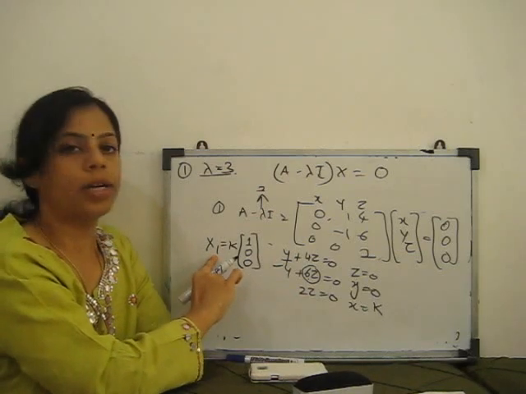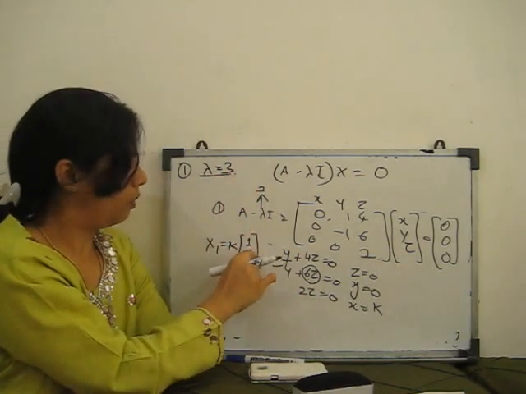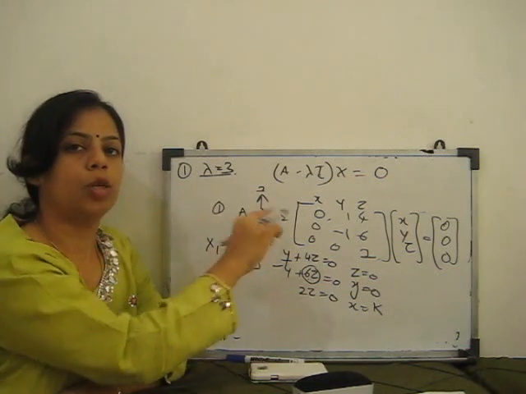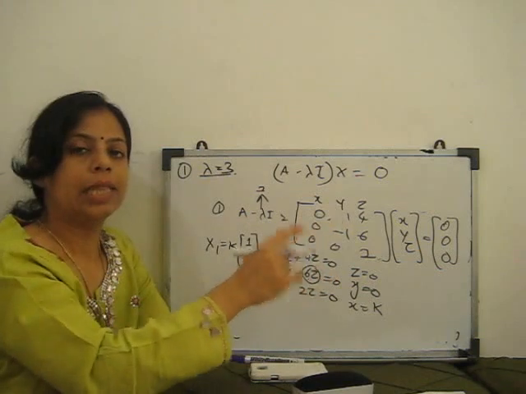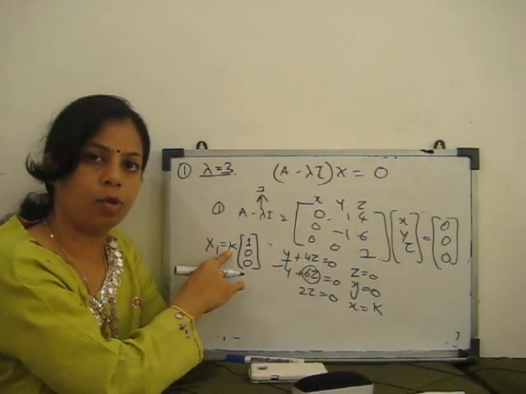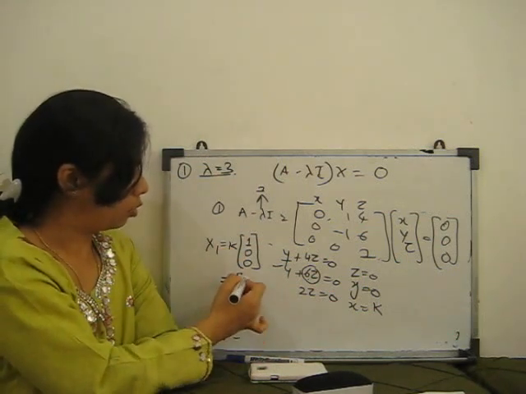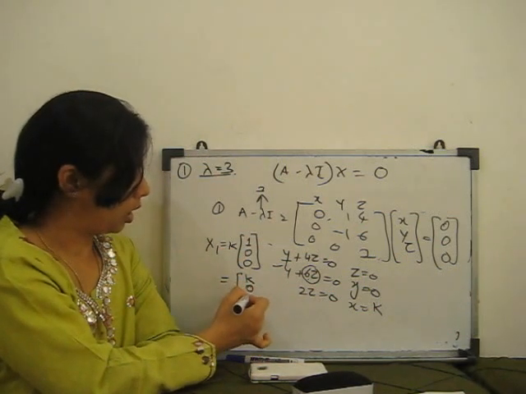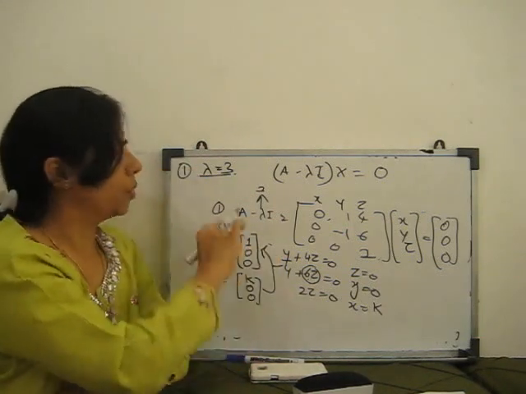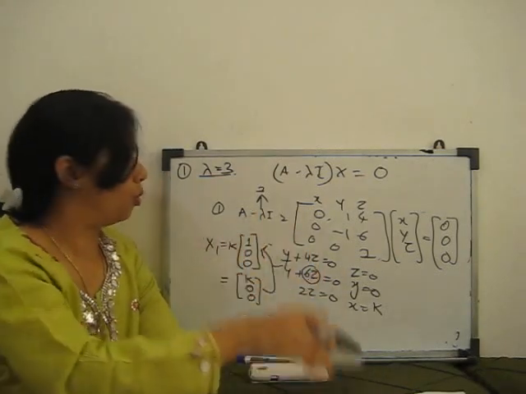So the eigenvector for λ = 3 is (1, 0, 0). If we put k equal to 2, we get (2, 0, 0), and k equal to 3 gives (3, 0, 0). By changing the value of k, we can find many vectors. In general form, it is (k, 0, 0), or k times (1, 0, 0). Second, we have to find it for λ = 2.